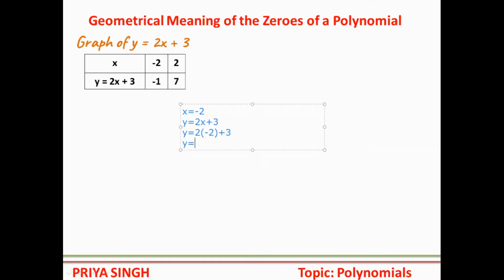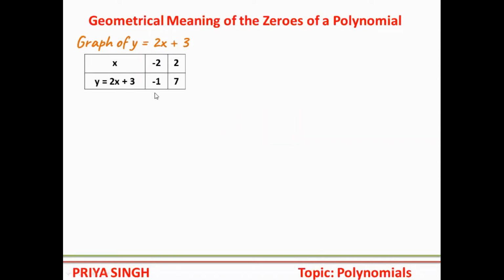I get y is equal to -4 plus 3, that is y is equal to -1. So this is how I calculated the other value also, for x is equal to 2. This you have already studied in the previous standard, so I have not written it over here.